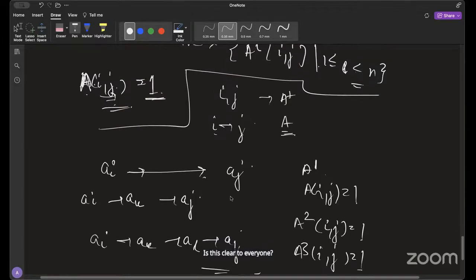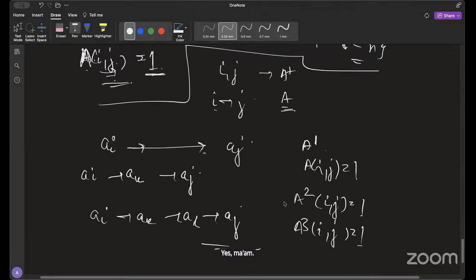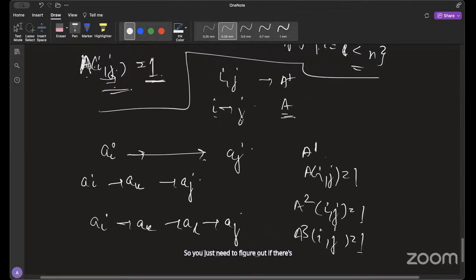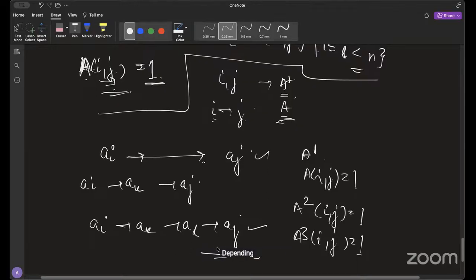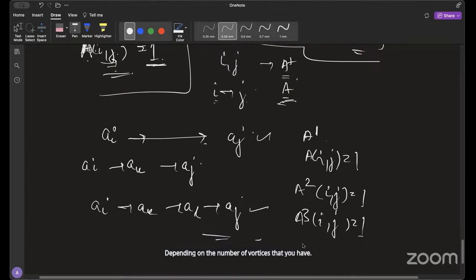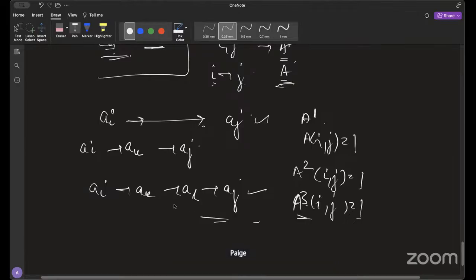Yes, ma'am. So you just need to figure out if there's an edge from I to J in this. For that, you need a path from I to J here, and these are the possible ways, depending on the number of vertices you have. Let's say there were 4 vertices, then you can only go up to A cube. You can't have something here, then something here, then something.